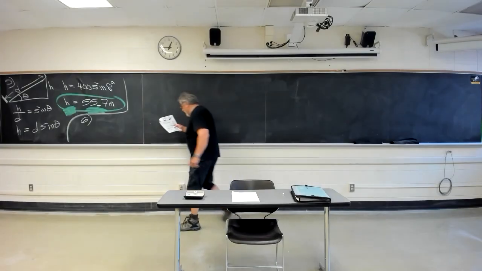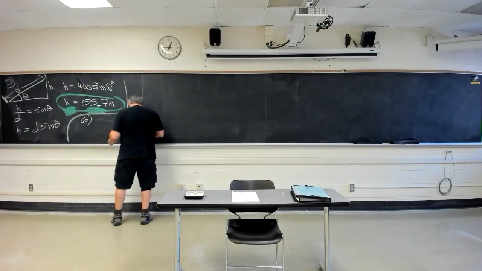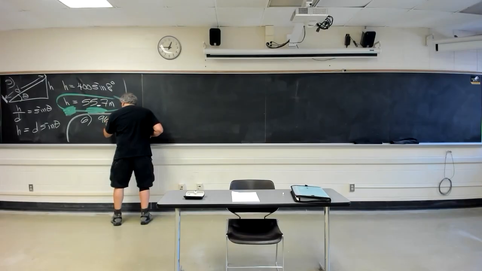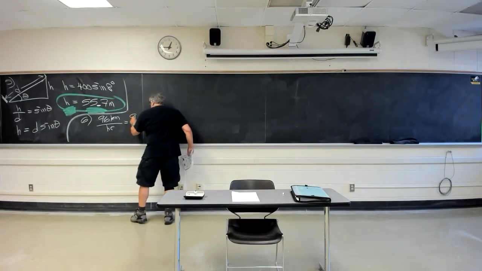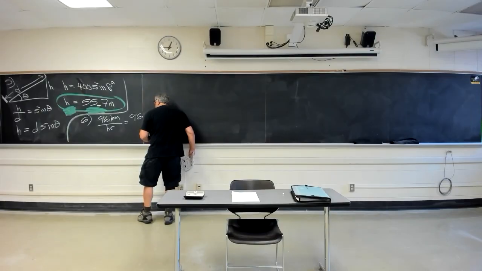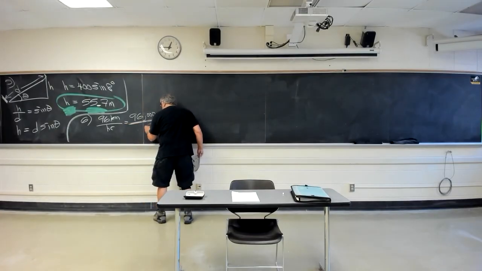Well, let's take a look, guys. The cheetah is going 96 kilometers per hour for 26 seconds. Let's go meters per second. That seems to be the lingua franca on this whole thing. 96 kilometers is 96,000 meters. 1 hour is 60 minutes.